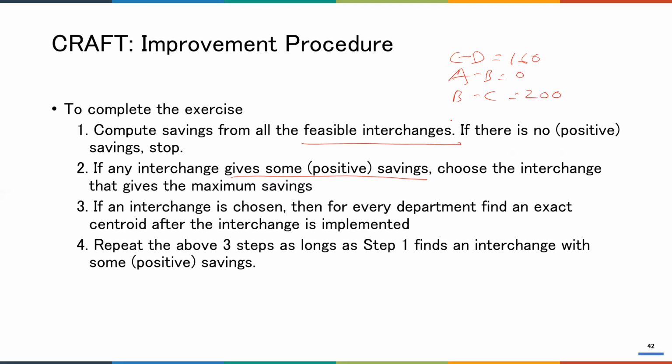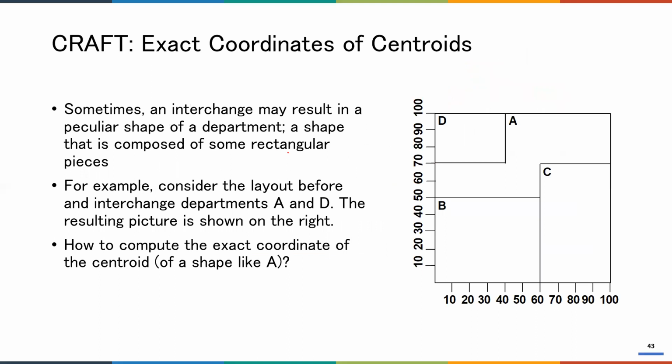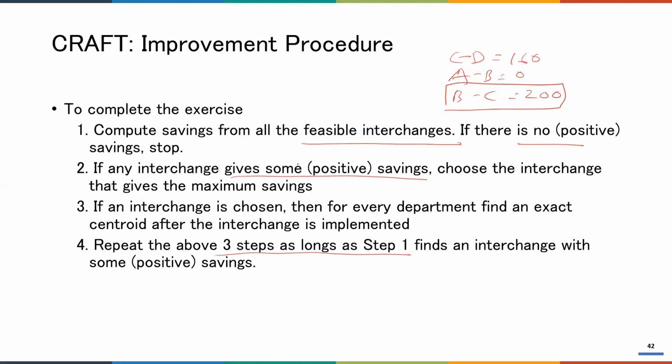So from all the possible pair changes, we change B and C. Then you implement the change and repeat the above three steps until you get no positive saving. So that's how you find the optimal solution for CRAFT.